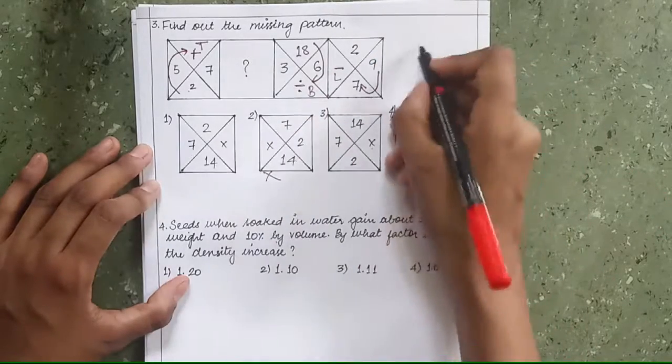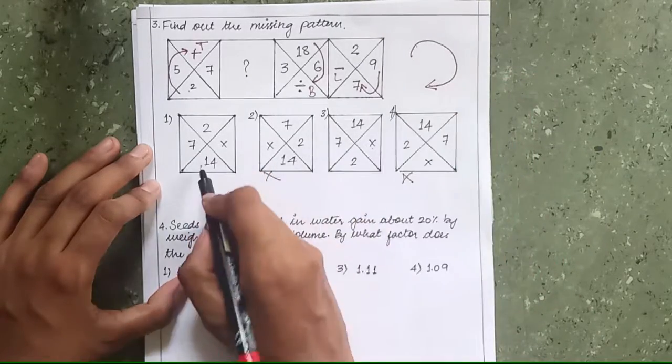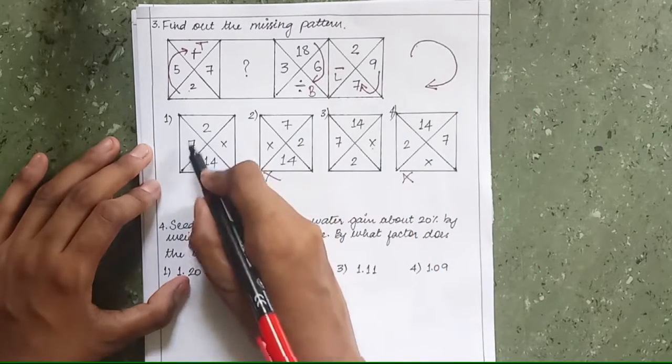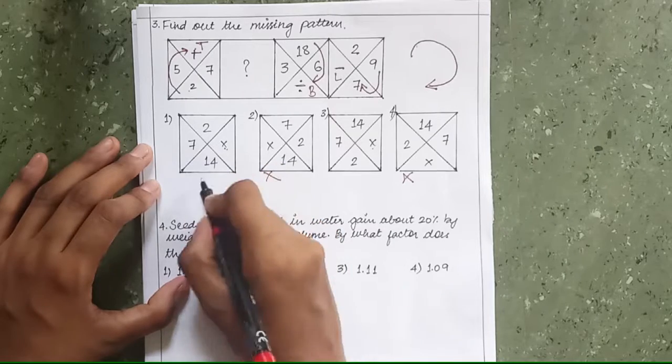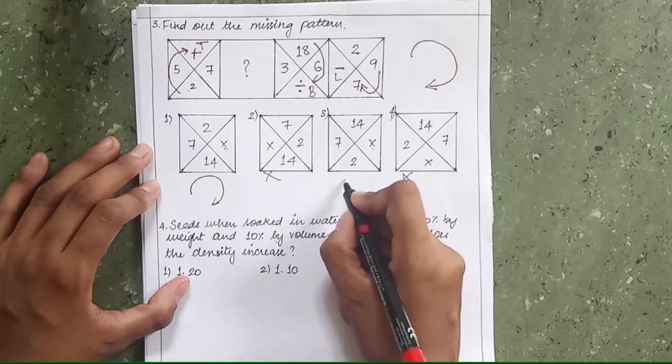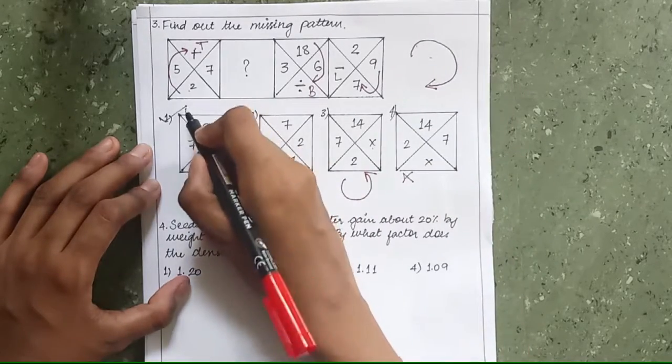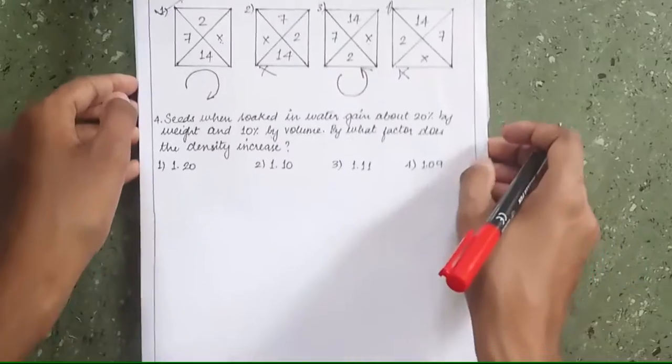So all of these values are moving in the clockwise direction, right? So in this case also we have to choose which is moving in the clockwise direction. Here 7 into 2 is 14. Whereas in this case it is going in this way. So option 1 is the correct option. Moving on to the next.